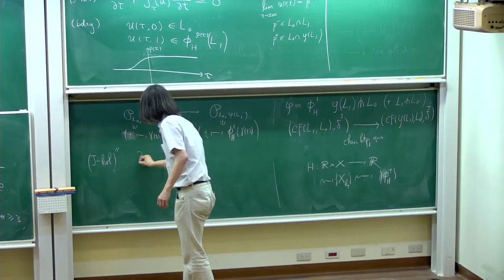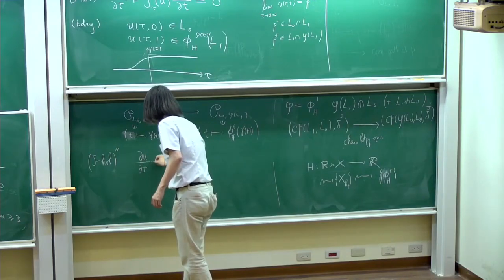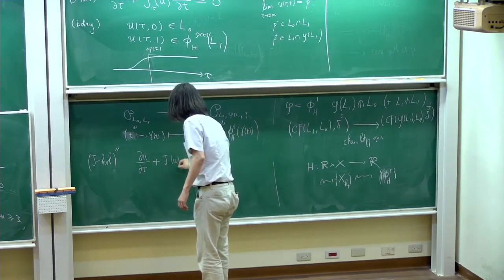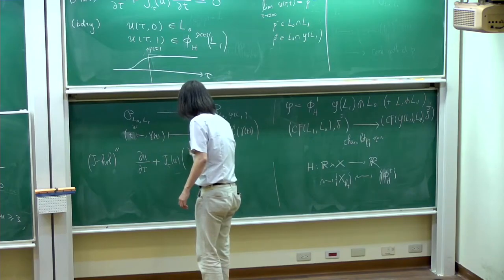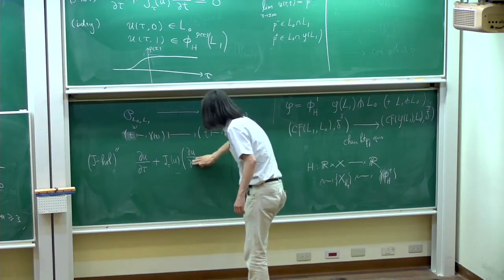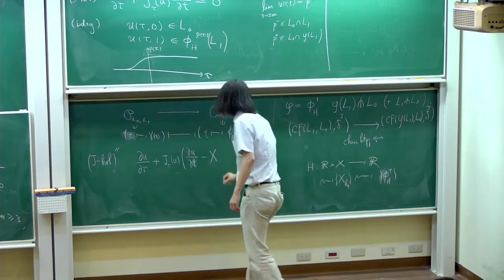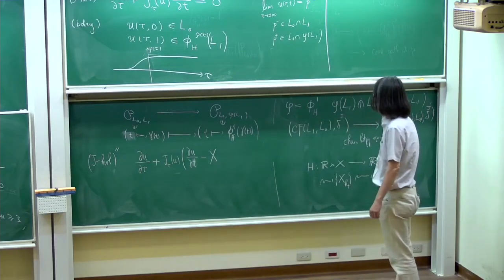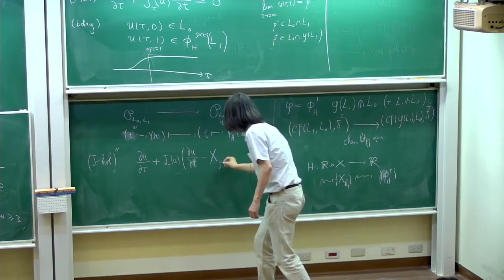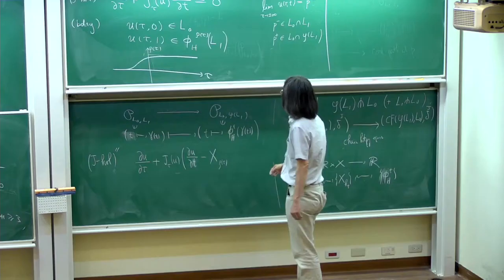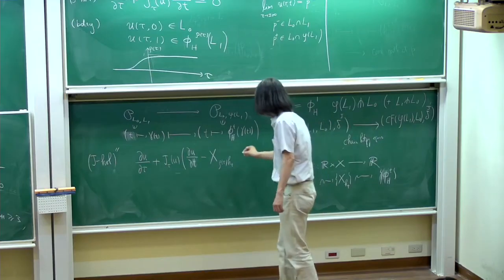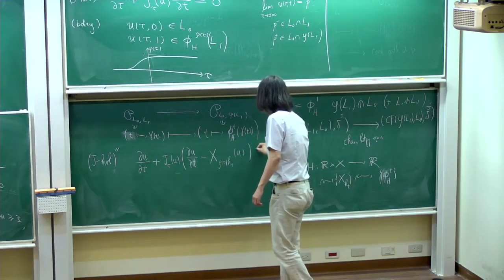So this is du/dτ plus J of u, maybe J_τ of u, and then here I have du/dt minus X of, okay, so I have to have this ρ_t, so maybe ρ_τ and H_t, something like this, of u is equal to 0.